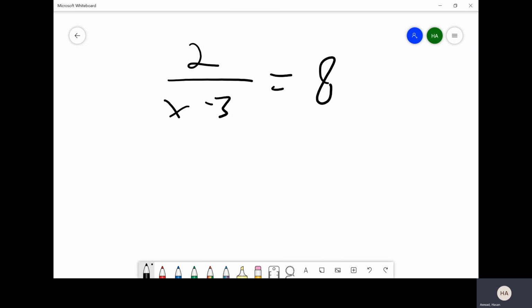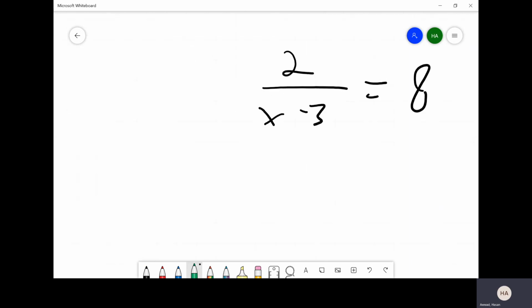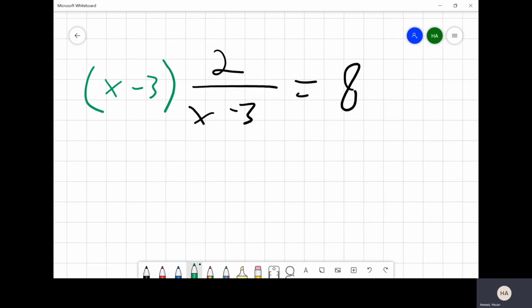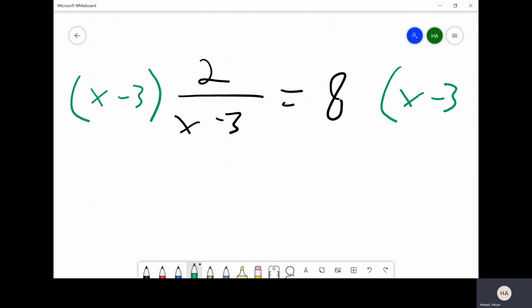It's going to cancel with the denominator on the left-hand side, and I'll get an x minus 3 on the right-hand side. So I'm going to multiply both sides by x minus 3. Now don't confuse this with something that we were doing before. Before, when we were trying to change the appearance of fractions, we would multiply the denominator and the numerator by the same thing.